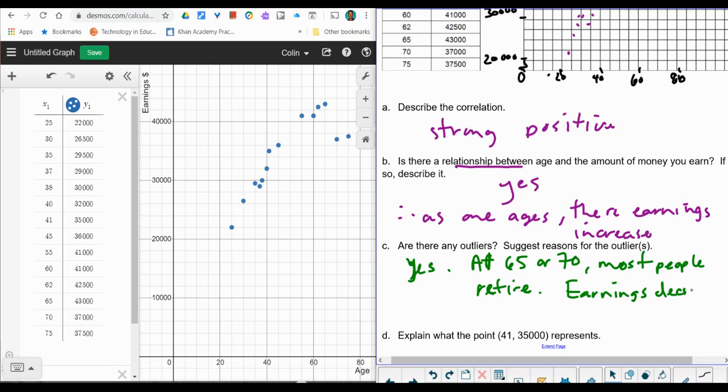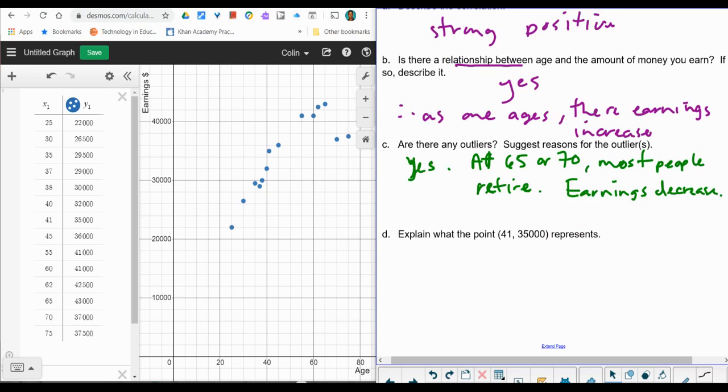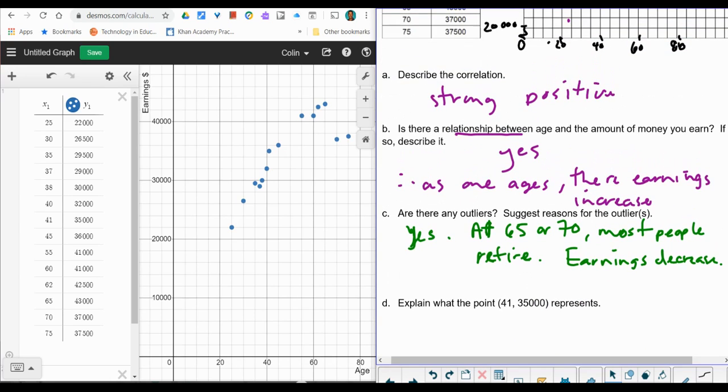They might make a pension that's a portion of what they used to make when they were working. They might be earning money from investments they had throughout their whole life, in the stock market or in their bank accounts. So that's why it drops. So we see a drop at age 65 or 70 and beyond.